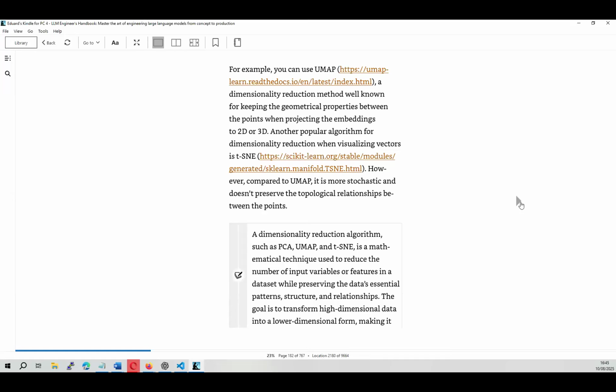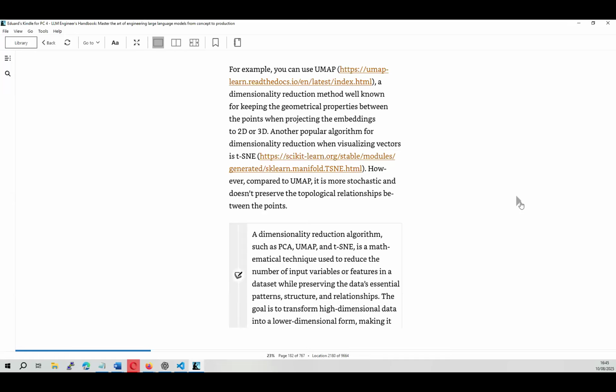PCA are employed to reduce the size of the vector to 2 or 3, which can be easily depicted on paper or in space, with the condition that we take the most important components within that vector, because we don't want to get rid of the most meaningful parts of the vector.